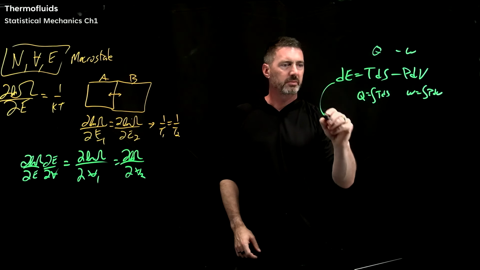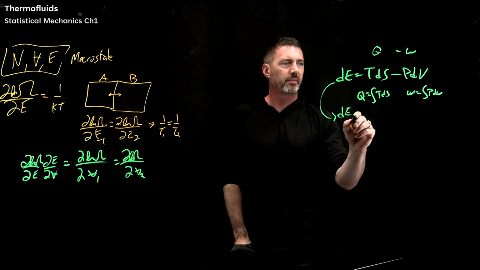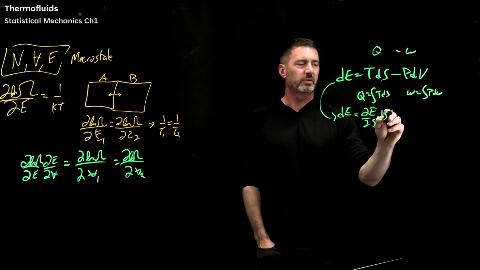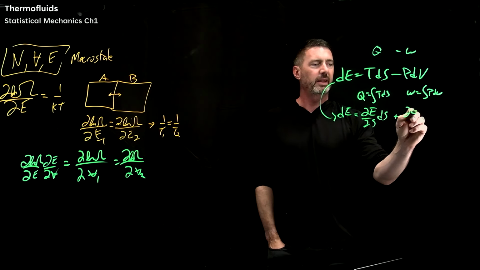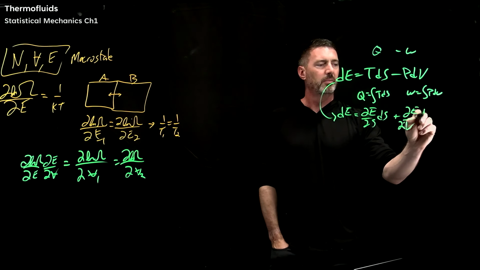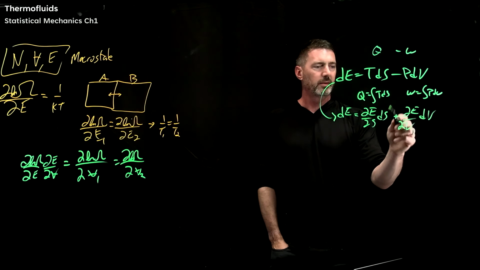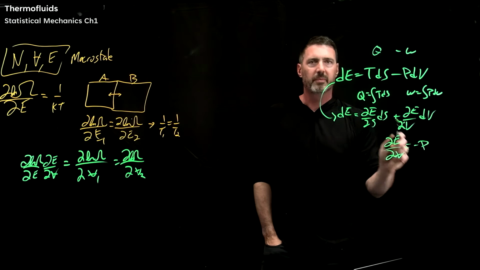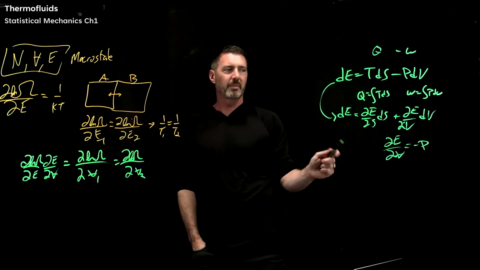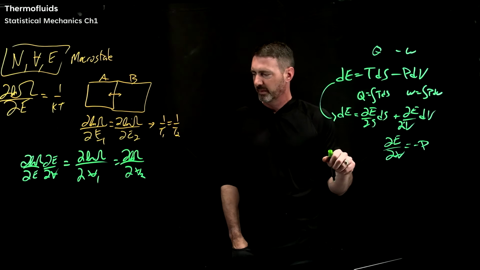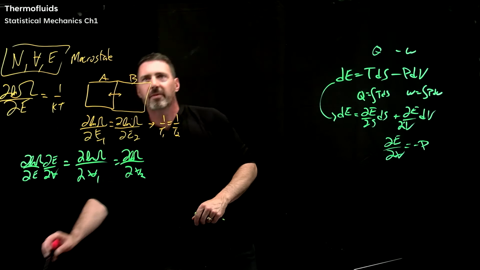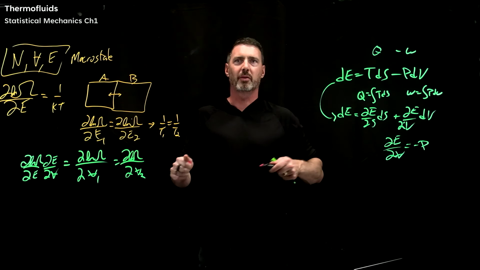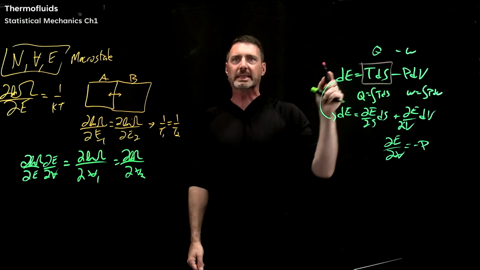If I write this equation down here, dE is equal to dE dS times partial S plus dE dV times partial V, guess what? You then have that dE dV is equal to negative P. So you actually have our definition right there without having to go any further. By the way, a little fun thermodynamic joke.